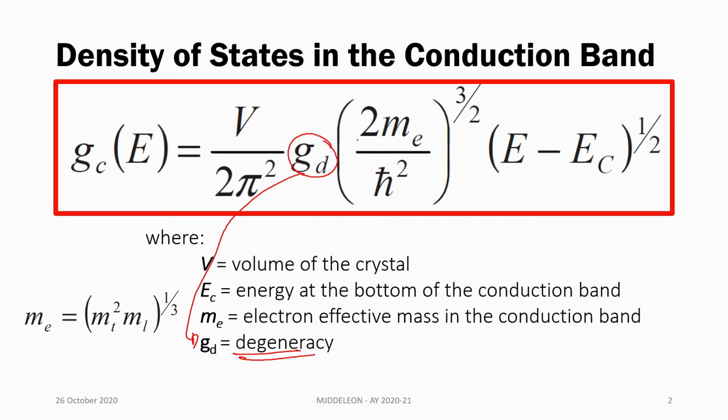So, one note din, for ME, yung ME natin, alam natin from the previous slides, we can get it by getting the second derivative and using our equation. But usually, tabulated na yung effective mass ng ating electron sa mga crystals.